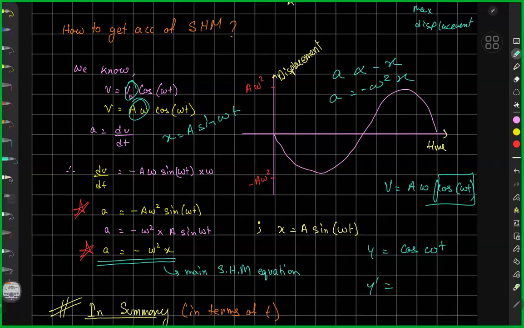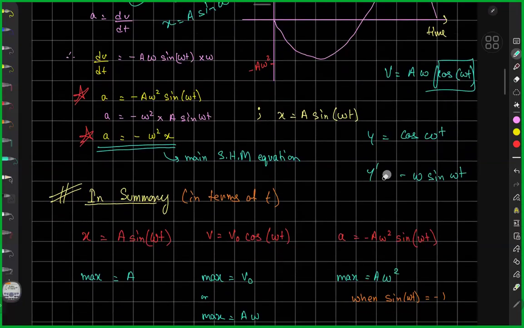Minus omega sine omega t. Perfect. So step by step, the derivative of cos omega t is minus sine omega t. And what is the derivative of inside the bracket? Omega. So y prime becomes minus omega sine omega t. There you go. That's how you get it.